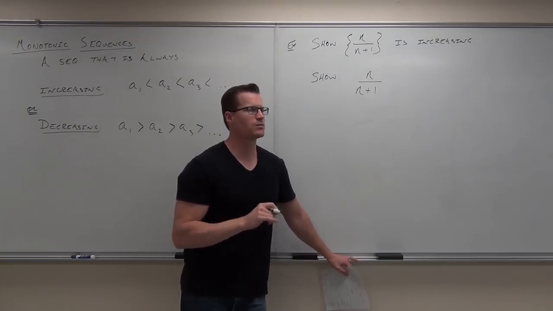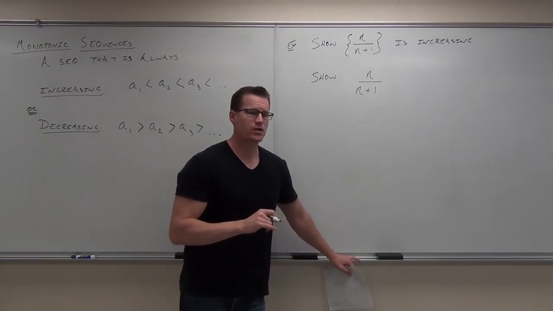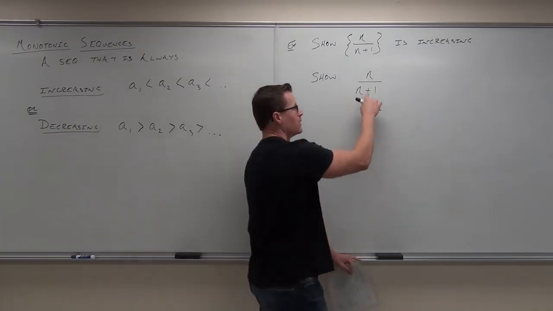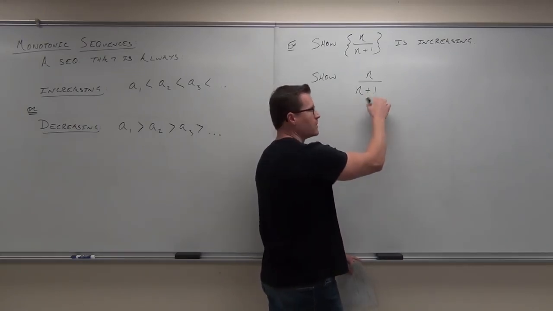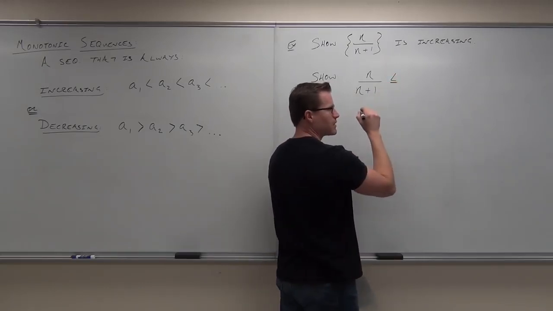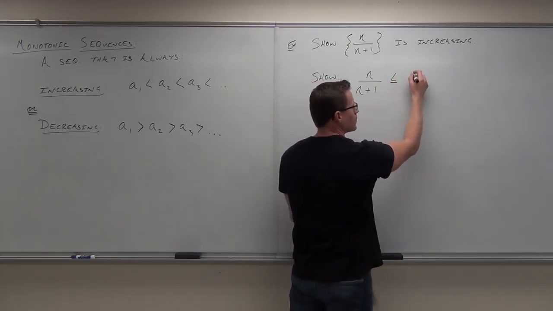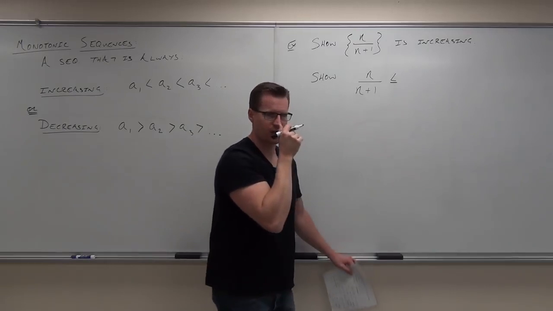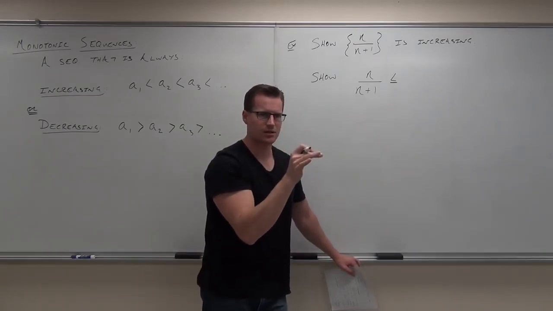If you're trying to show increasing, your nth term should be less than, or less than or equal to, your next term. Now here's the question. How would I get my next term?